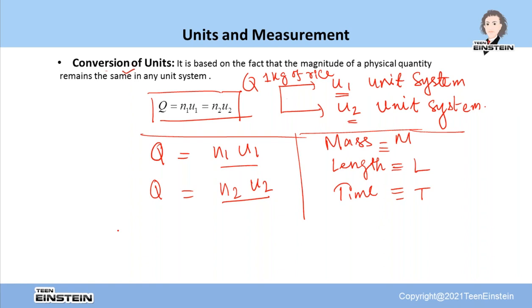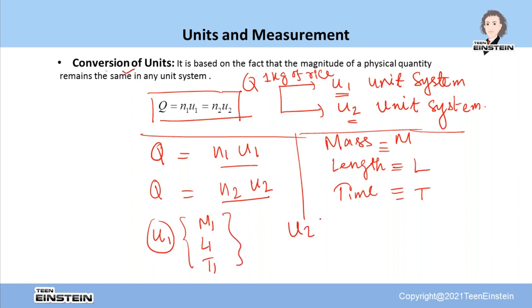So what I can do, I can take in unit system U1, the physical entities in U1. In this unit system U1, mass is M1, length is L1, and time is T1.